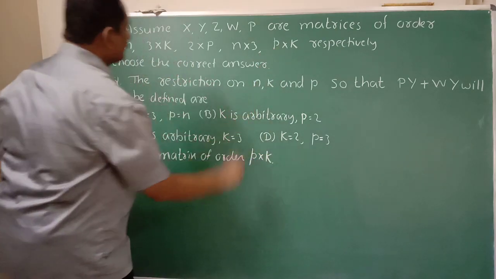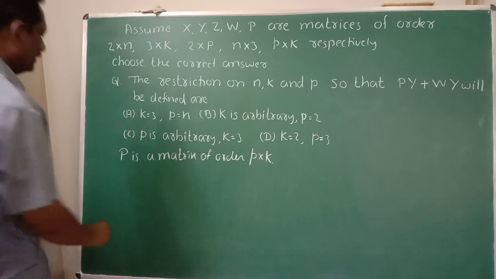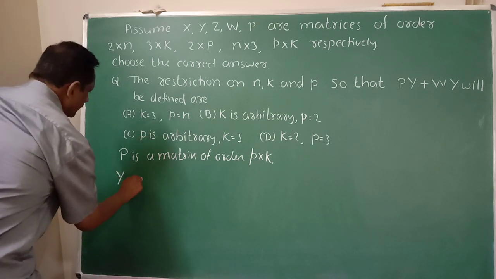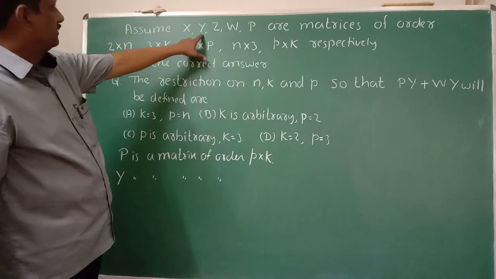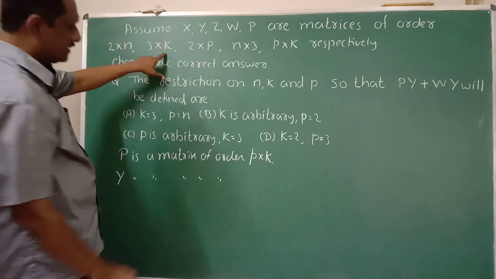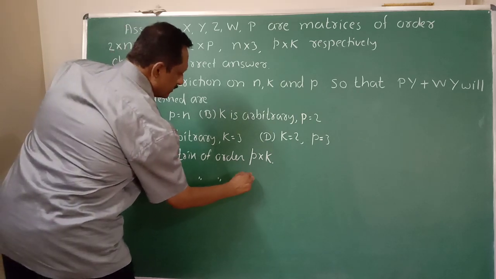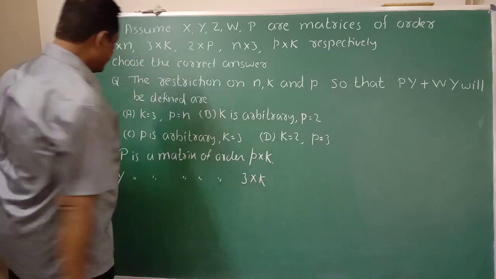And Y is a matrix of order 3 into k. So Y is a matrix of order 3 into k.